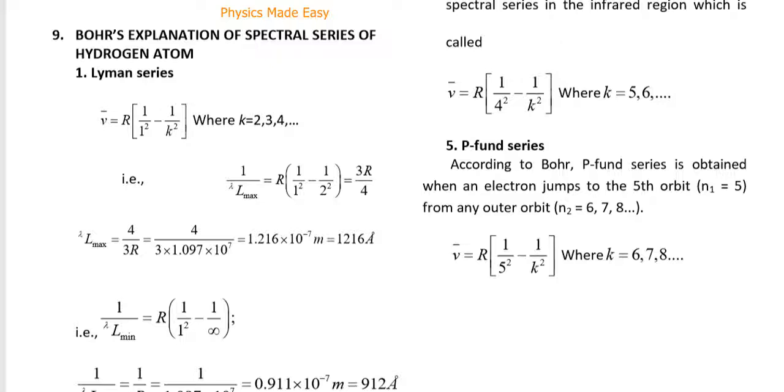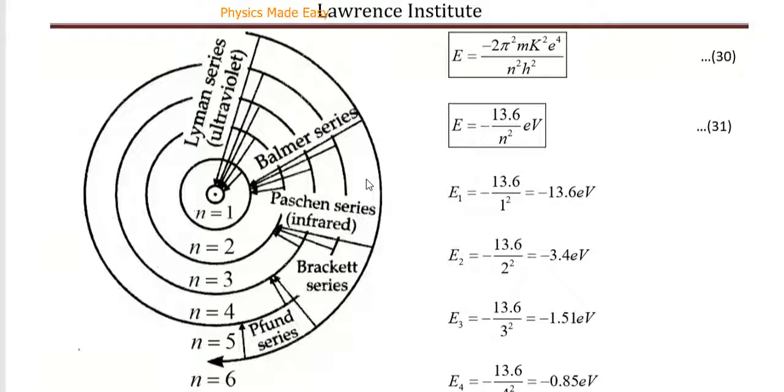Now Bohr explanation of the spectral series of hydrogen atom. The first is Lyman series. So first we will see this diagram and then proceed to this part. So this is the Lyman series. Lyman series is formed when electrons from all other higher orbits drop into the first orbit, N is equal to 1.